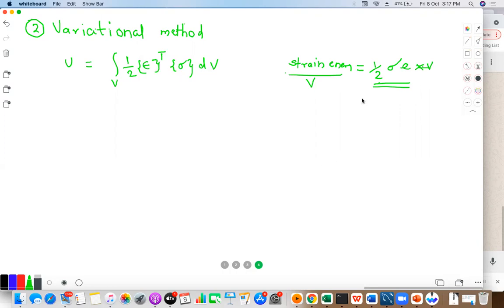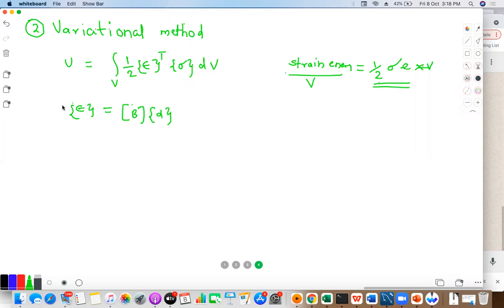Now we have epsilon is equal to B into D, right? Strain displacement matrix into displacement matrix for element.